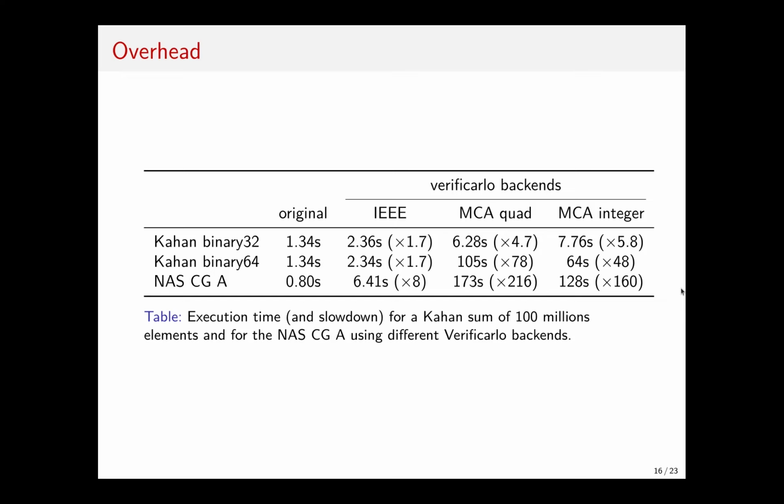So it means that when you use VerifiCarlo to analyze the accuracy of a very large simulation code, most of the time you must focus on a small section of the code, because if not, the experiments are going to be impractical to execute.